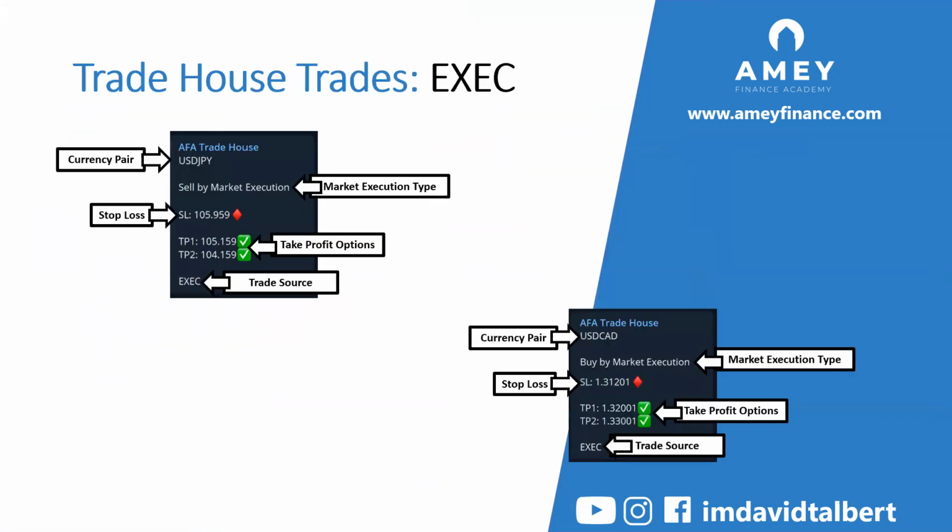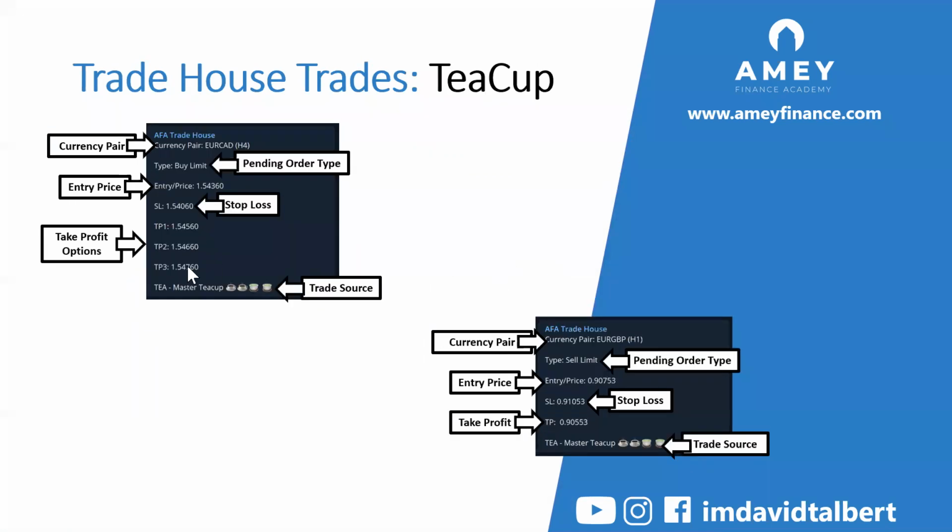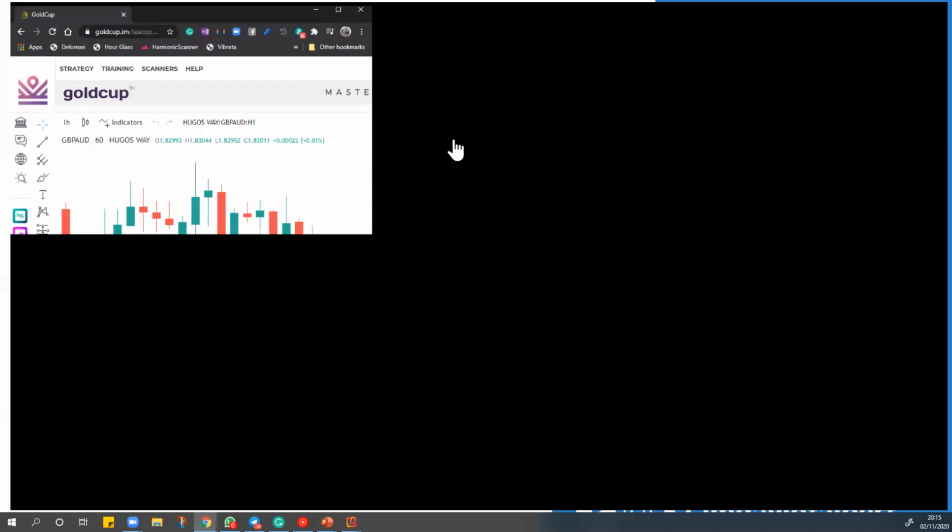Okay, so there are three different sources. We get them from three different sources. Teacup is the teacup strategy and the movements of that. It's shaped like a teacup. It's called a teacup strategy because, let me show you right now. I have it right here.